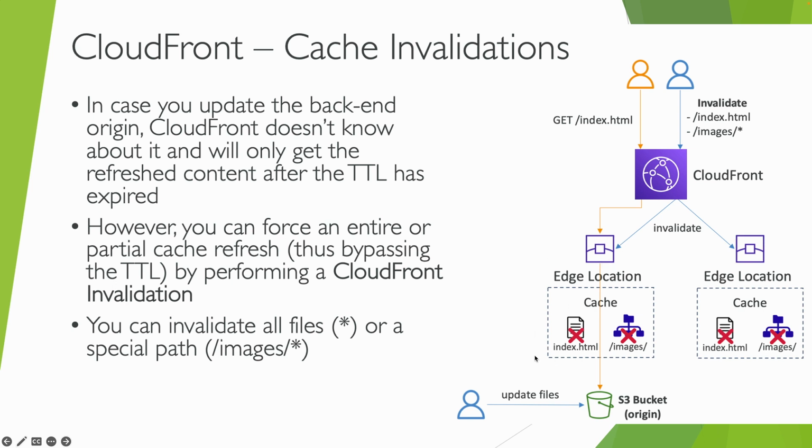That means whenever you use this index.html from a region, it will store the index.html in this cache location for some TTL. Say the time is 24 hours. So within these 24 hours, if you change anything in your index.html, that won't be updated in the edge location, because the TTL is set to 24 hours. After 24 hours only, again it will get the data from the S3 bucket.